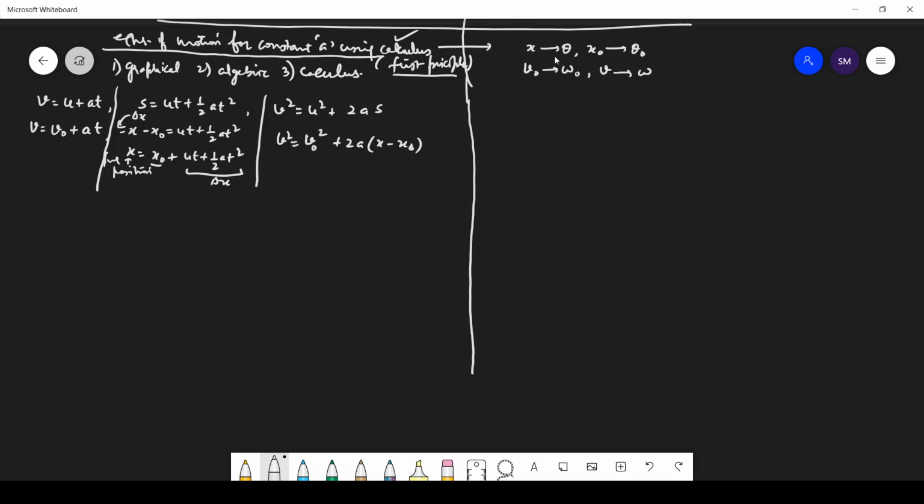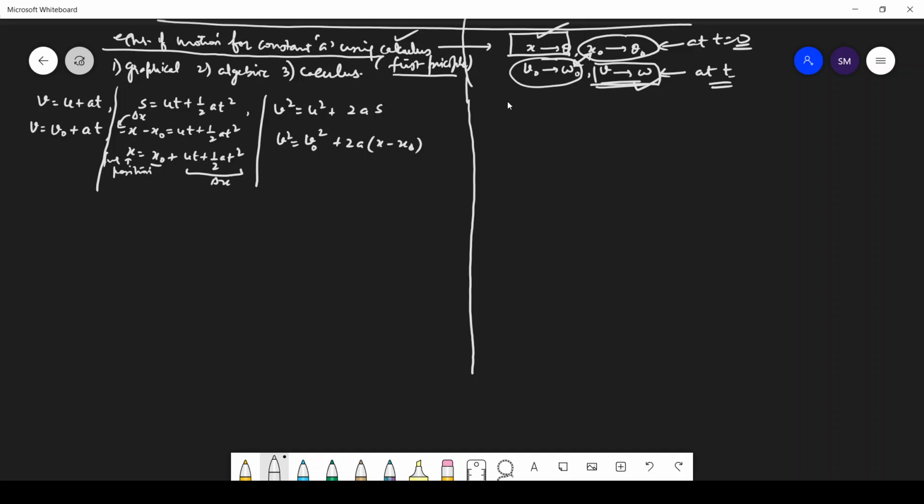Wherever you have the naught, it is at time t equals 0, and the others, x and theta, v and omega, are at time t.